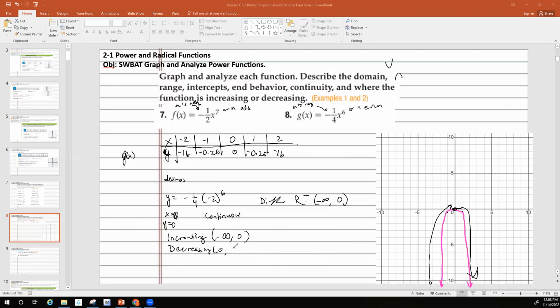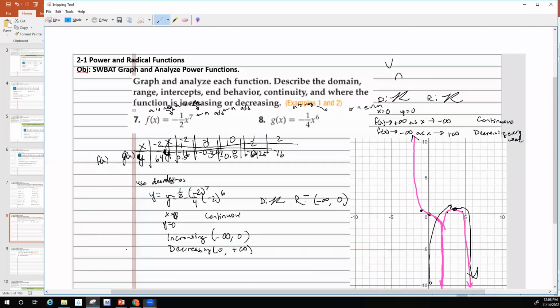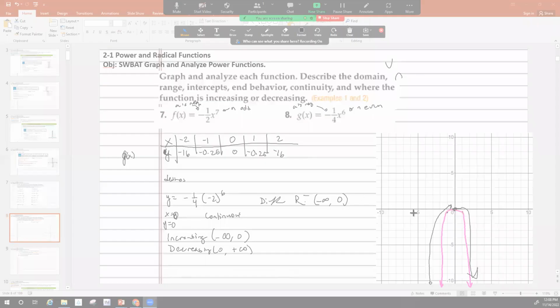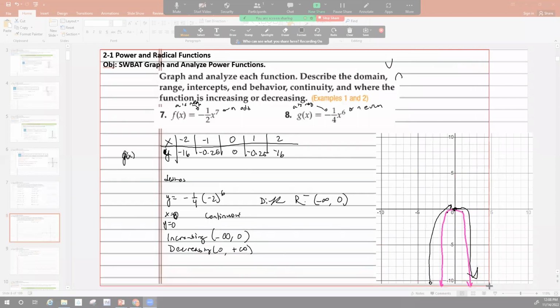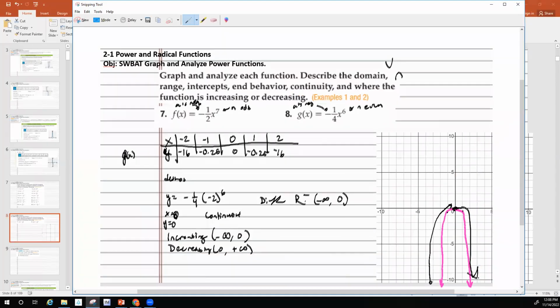From 0 to positive infinity. Just imagining a roller coaster going down forever. Oh, that's scary. All right, there you go. That's number 8.